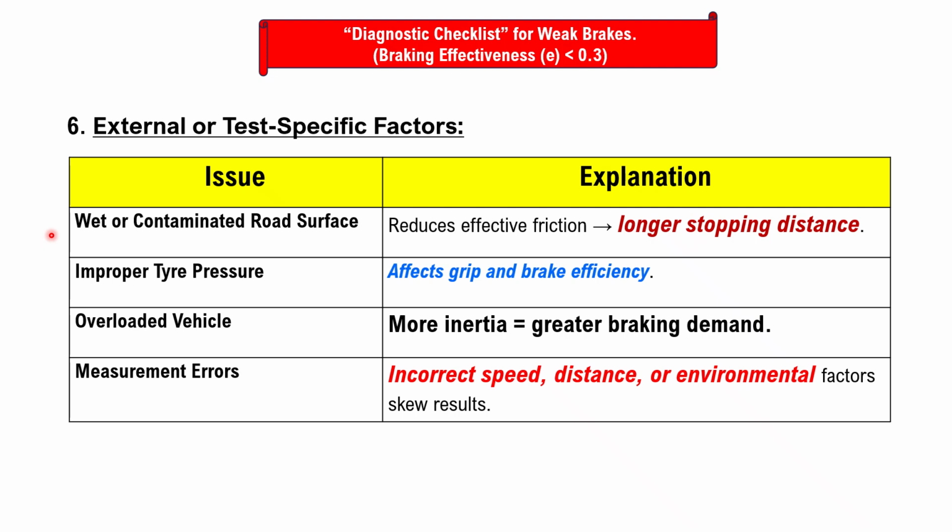Number 3, overloaded vehicles. Overloaded vehicles have more inertia, thus they have greater braking demands. There could be some measurement error too, incorrect speed or distance, or environmental factors, which may be responsible for the skewed results.